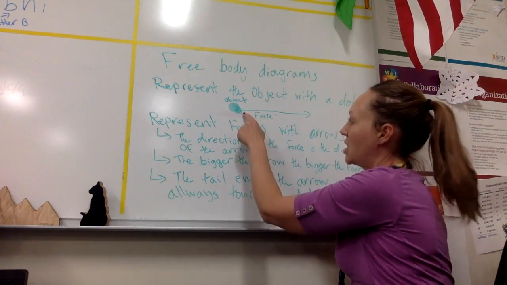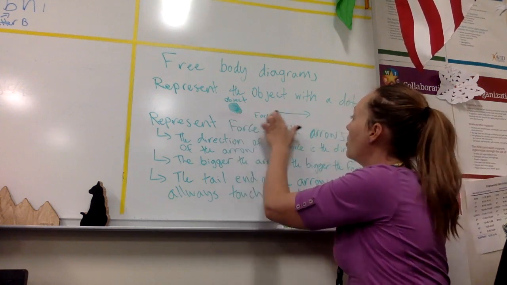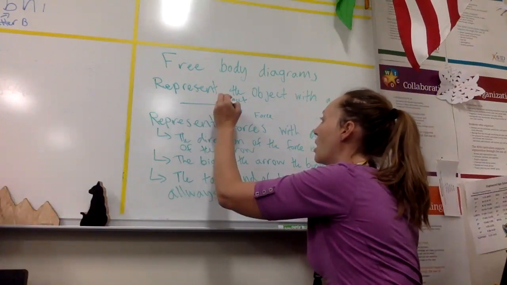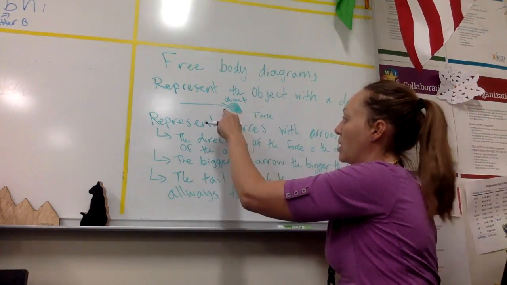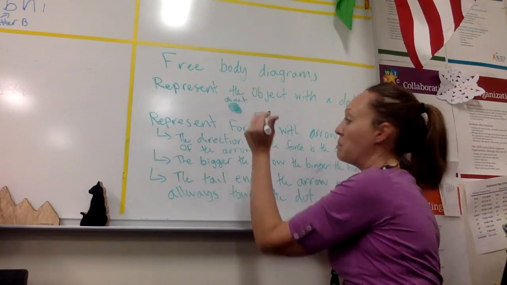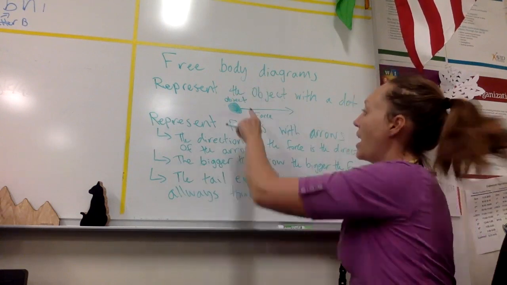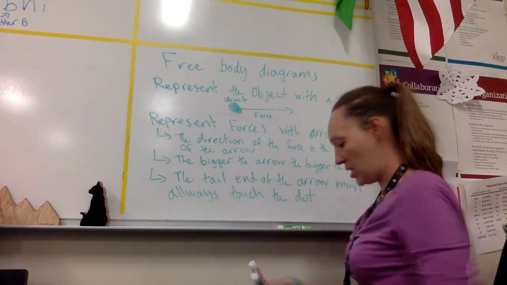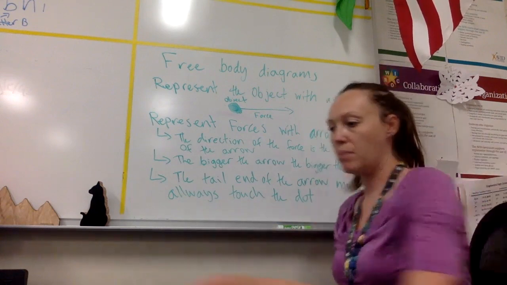So this kind of looks like somebody's pulling, right? But you never, ever, ever, ever draw it like that. Don't. So that would be the tip end touching the dot. So even if something's being pushed, you always have to draw it with the tail on the dot. All right, so that's the rules for drawing free body diagrams.